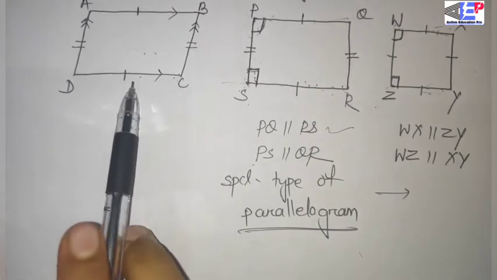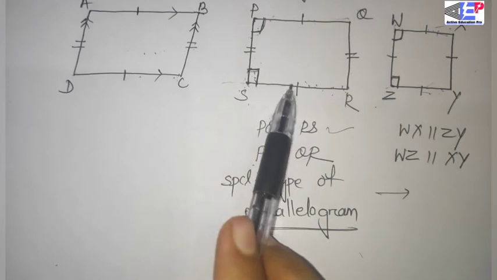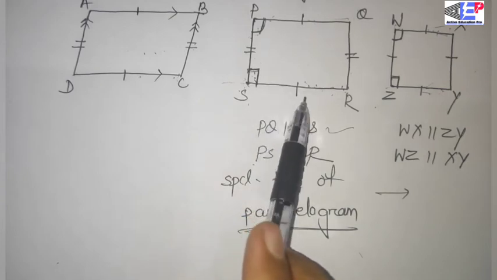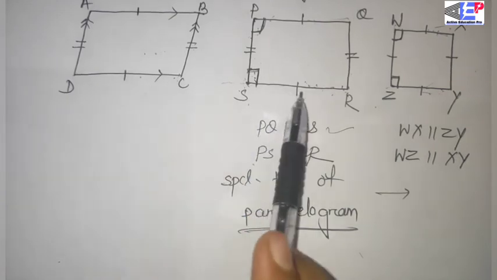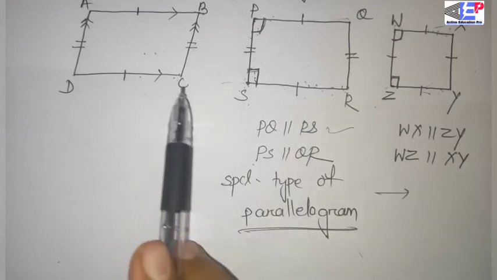A parallelogram cannot always be a rectangle, but a rectangle must be a parallelogram because it satisfies all the conditions of a parallelogram.